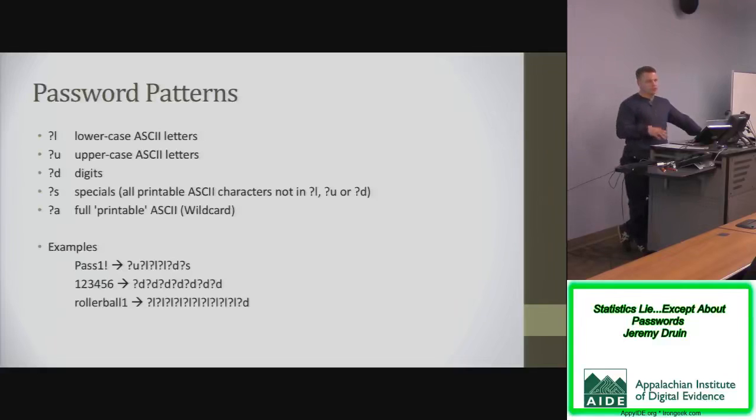If you look in popular password cracking programs like John the Ripper and Hashcat, they have other symbols as well that are important. Things like W means a word out of a dictionary. But this is the basic idea. So in the example here, capital P, pass, 1, exclamation is ULLDS.